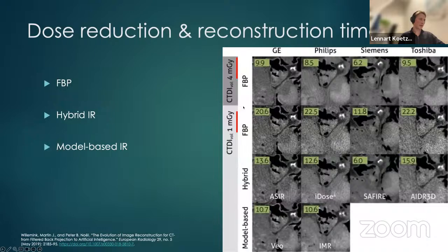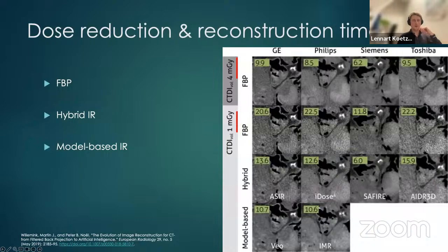And as we can see here, if we reconstruct images with FBP at a high dose of 4 milligray, we generally get good images with low noise levels and a desirable noise texture. However, when we lower this radiation dose to 1 milligray, this will result in very noisy images, which can make the image undiagnostic.